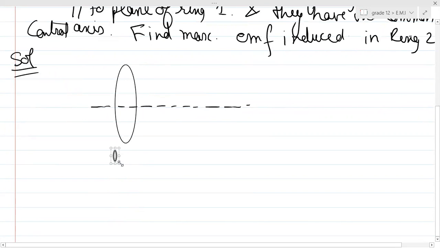Let's make it very small. So guys, can you see ring 1 and ring 2? Can you see the planes of both the rings are parallel to each other, and they have the common axis. This small ring is moving with a velocity v, right?